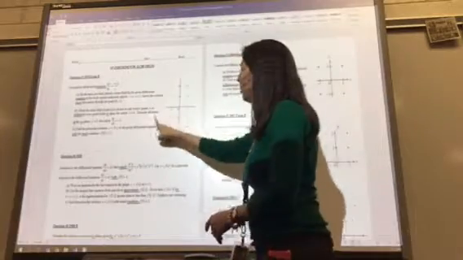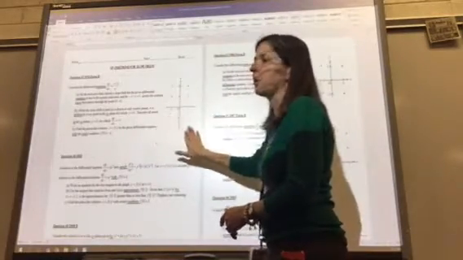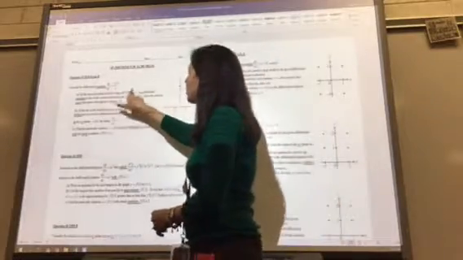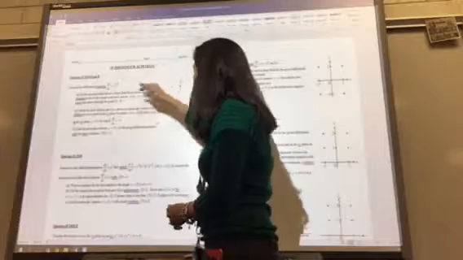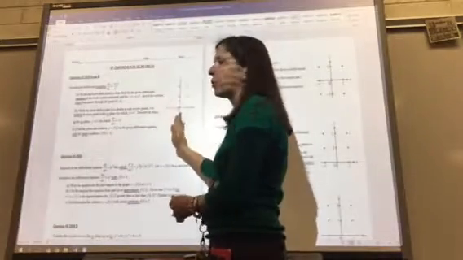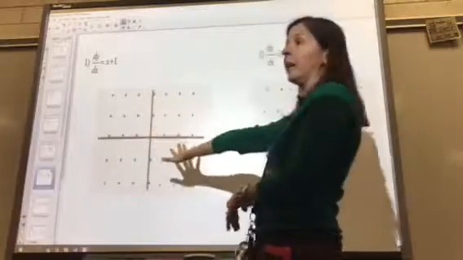See, on the AP, they're gonna give you a blank slate. You see how they have little dots here? And they're gonna ask you to sketch a slope field given this particular differential equation. So you're gonna fill up this sketch with the little tick marks. That's what we're about to do right now.